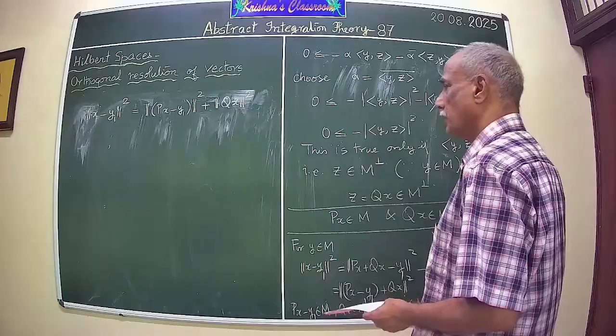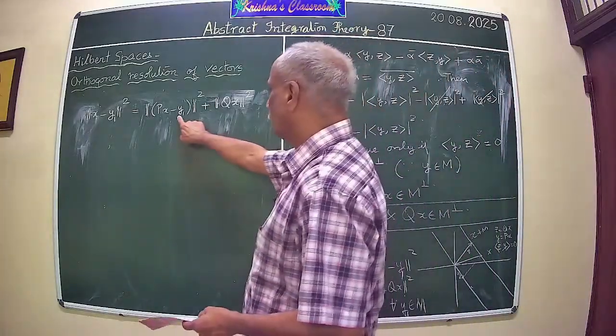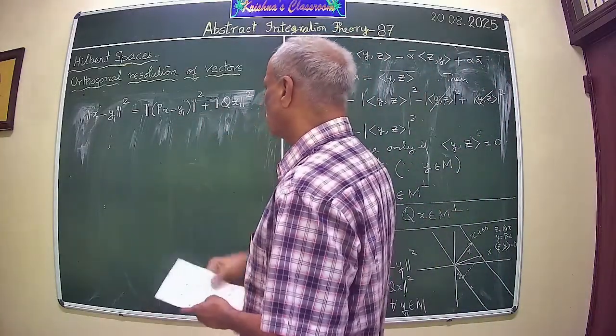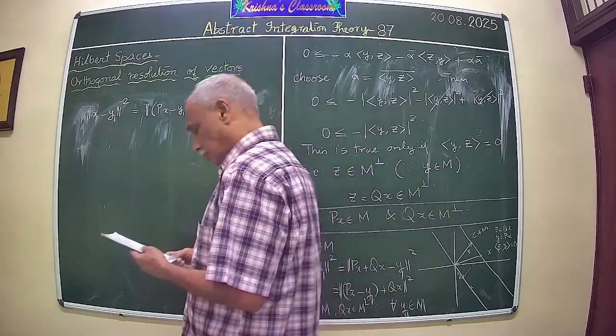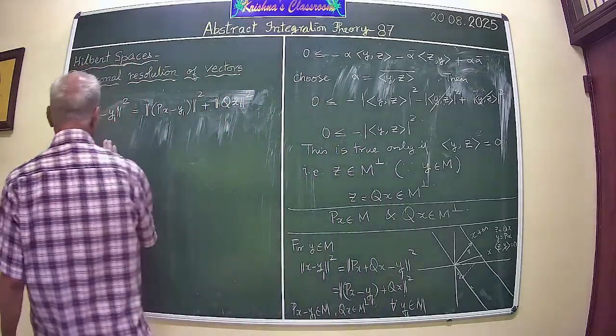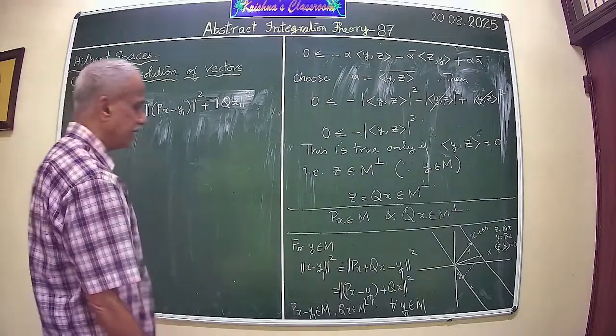This is because this belongs to M and this belongs to M. Therefore, by orthogonality, you get this result. Okay. Now you see that when is this minimized?